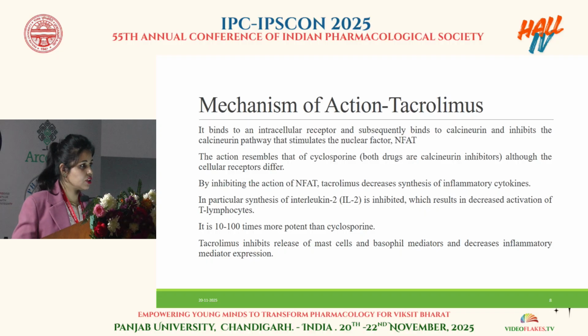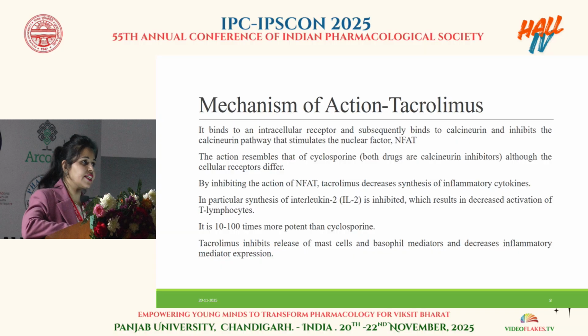So, first of all, I would like to explain the mechanism of tacrolimus drug. It binds to the intracellular receptor and significantly binds to calcineurin. We can call tacrolimus a calcineurin inhibitor also, because it inhibits this calcineurin, and this further inhibits the NFAT pathway. You had studied this in your pharmacology textbooks.